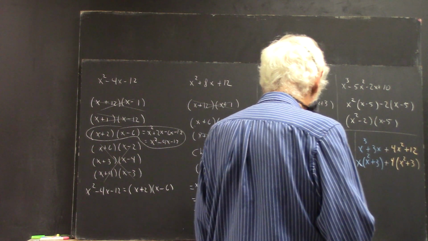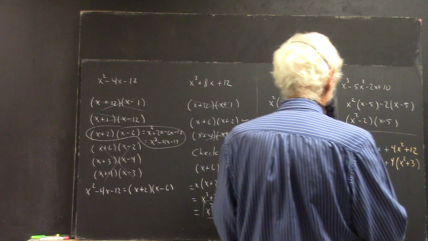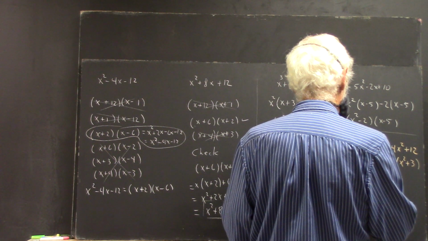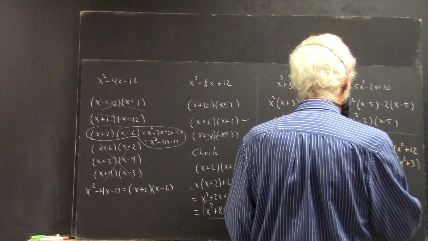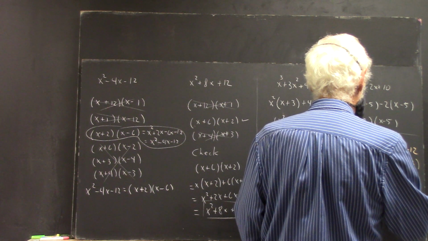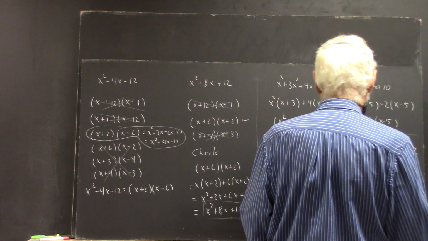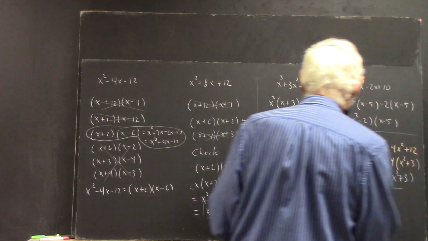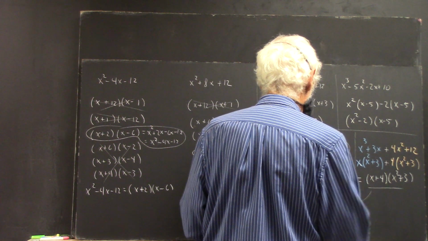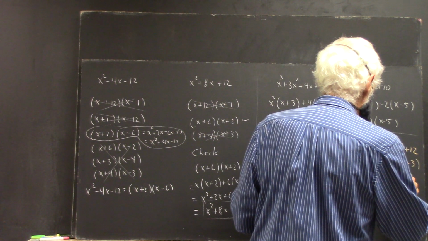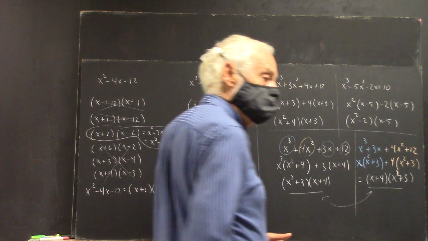Well, go back, like this equals x plus 4 times x squared plus 3. And you notice that this and this are exactly the same, except for the order of the multiplication here, which is not relevant.